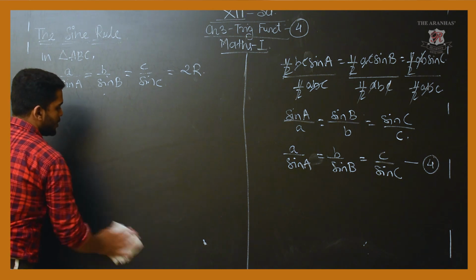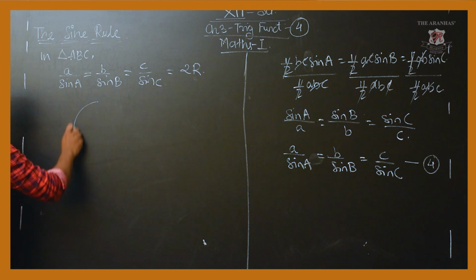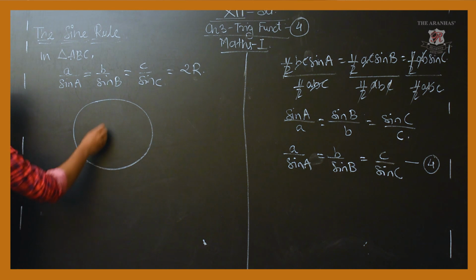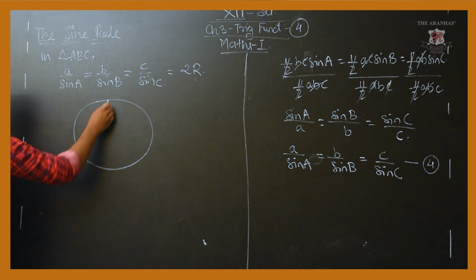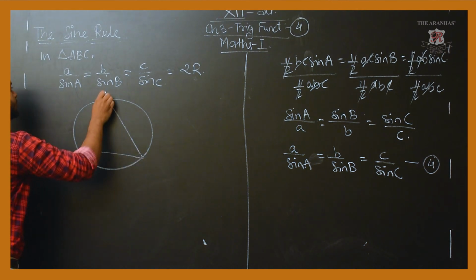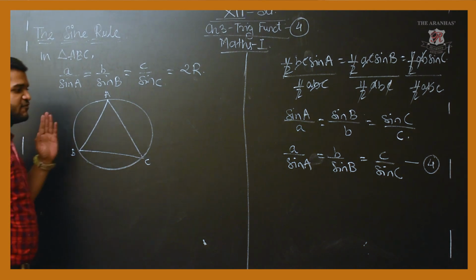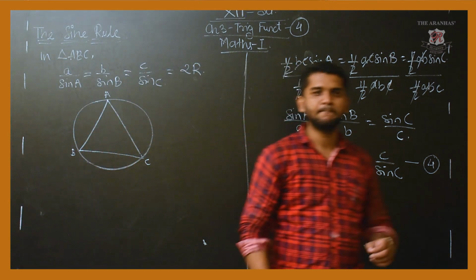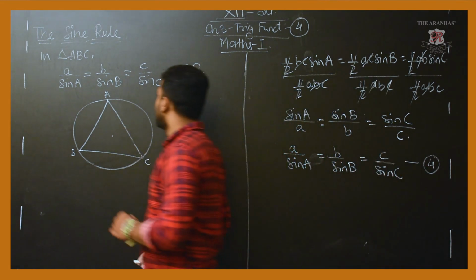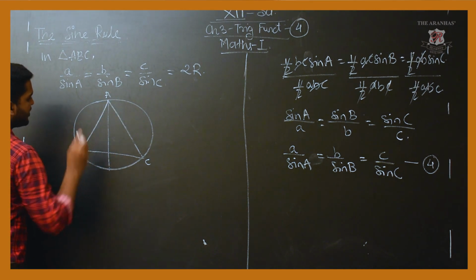Okay. Now let's draw a circle over here. We had a triangle ABC. That is our original triangle, correct? Using which we have started the proof. A, B, C. Now what we have to do, we have to draw a line passing through the center of the circle and touching the circle again.